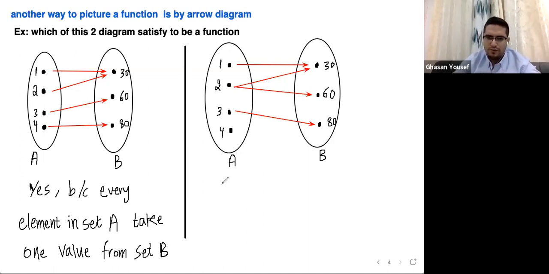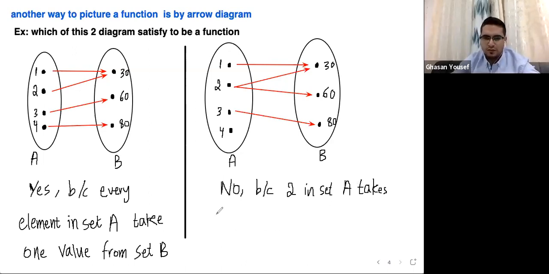Here, no, it does not represent a function because 2 in set A takes 2 values, 30 and 60.